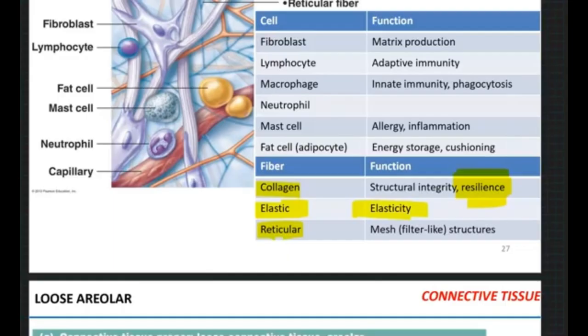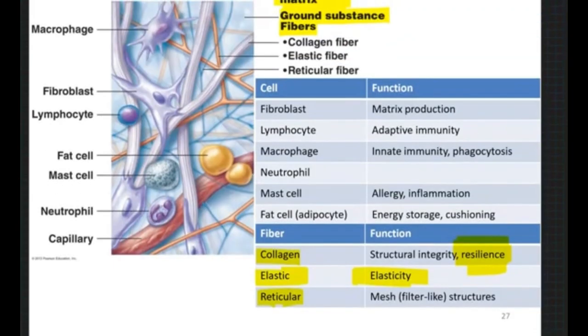That makes sense? Okay, excellent. Now what about cells? I'm going to make it simpler. You don't need to memorize this entire table. Main cell types that I want you to know: fibroblast. It restores connective tissue. Fibroblasts regrow it. Okay?